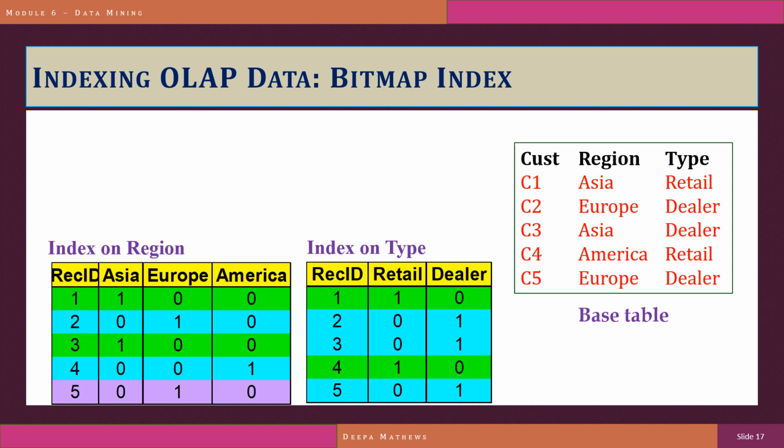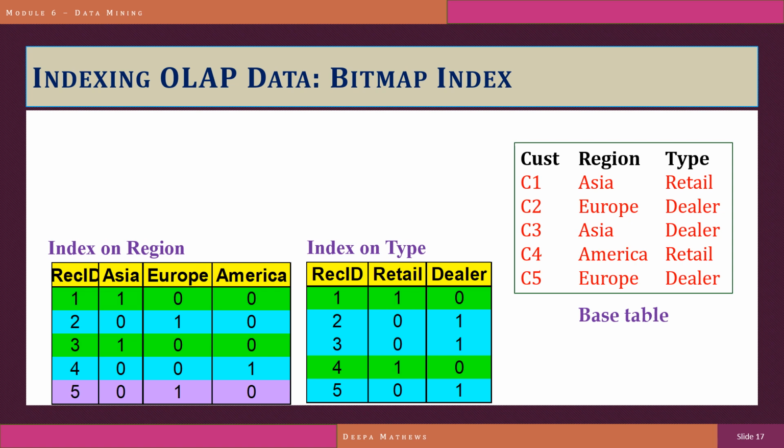We are left with 2 attributes, region and type. We can create an index based on the region as well as type. First, let us look into this region. When we look into this region, the domain consists of 3 distinct values: Asia, Europe, and America.